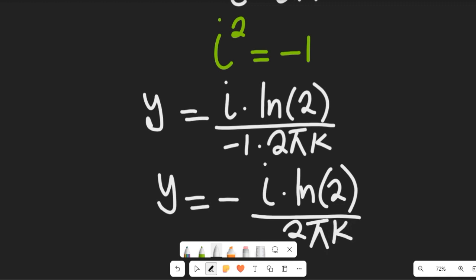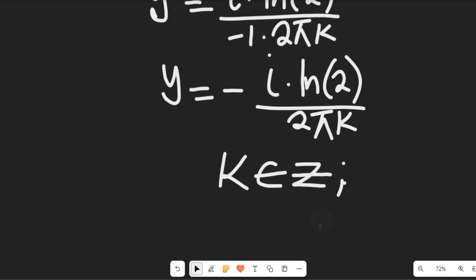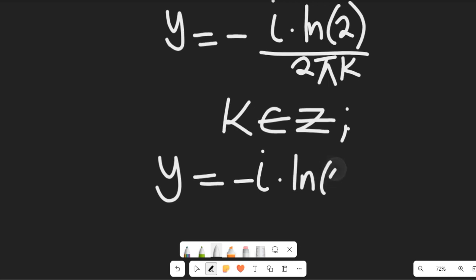Now recall that k cannot be removed because, as long as k represents elements of the integers Z, this value remains true, and it remains a solution to that equation that is given to us. So our y will be equal to negative imaginary multiplied by the natural log of 2 divided by 2 pi k.